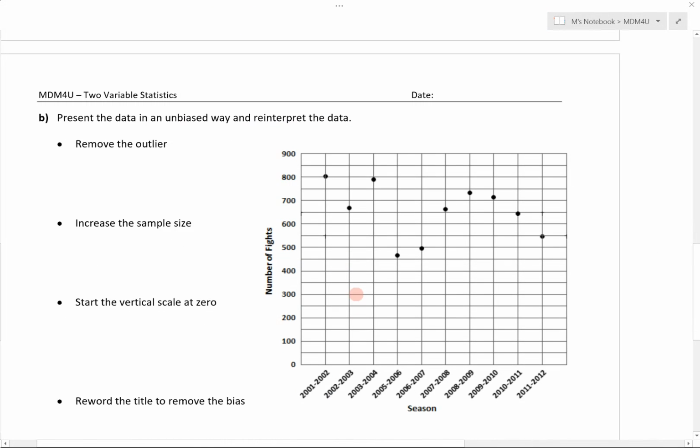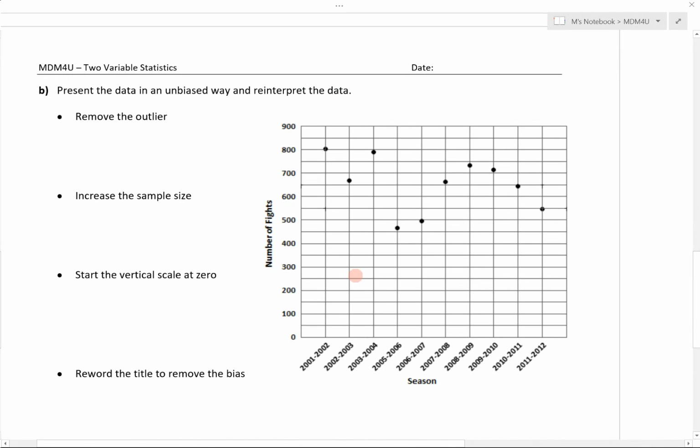All right. So how do you present the data in an unbiased way? Okay, so we're going to present this a little bit differently. If you remove the outlier, things look a little bit different. So you don't have that 2013 season. So we have removed 2012, 2013, and it changes the perception. It's no longer a dramatic drop, but now you have some kind of up and down, and then back up and down again. There's nothing suggesting that there's a complete drop over a long period of time right now.